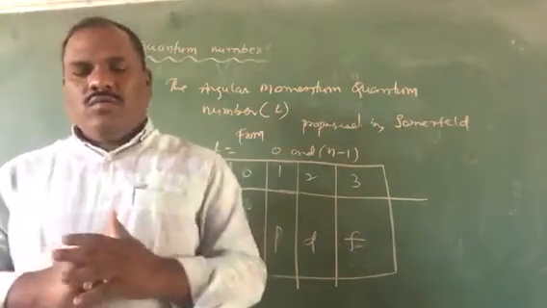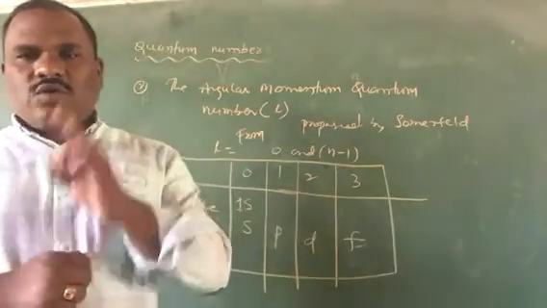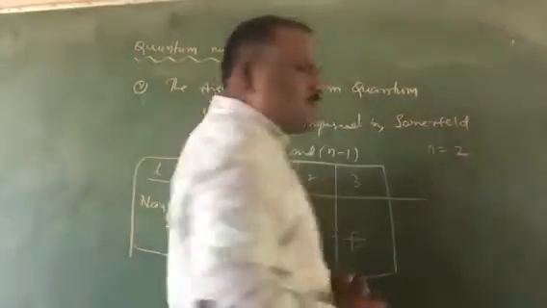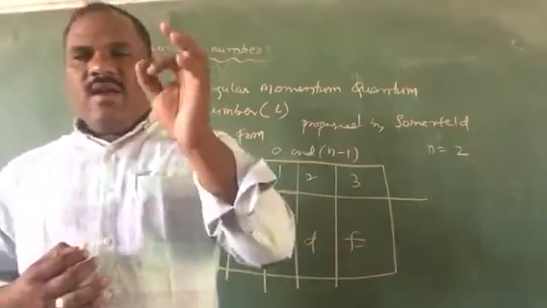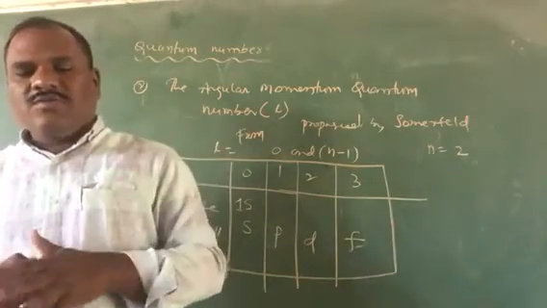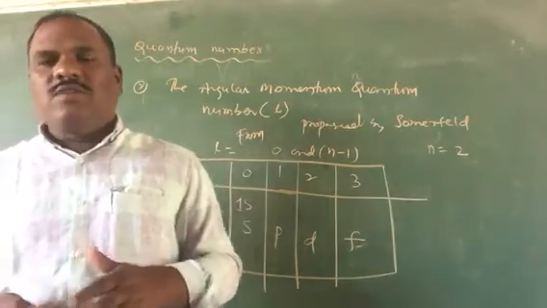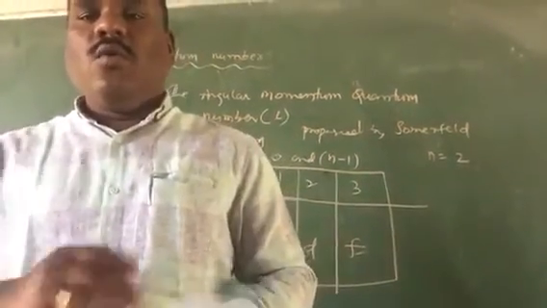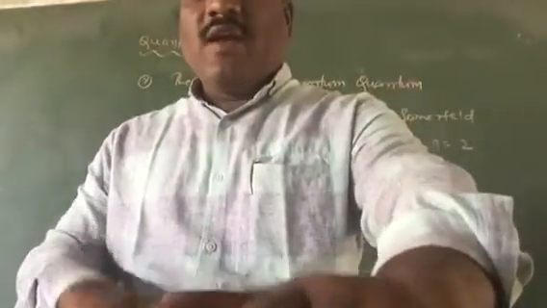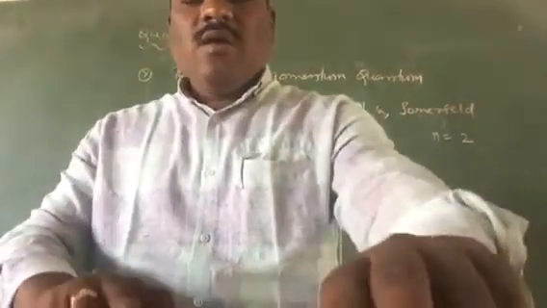When n equals 2, there are two subshells, namely L equal to 0, the 2s subshell, and L equal to 1, the 2p subshell. And what about the subshells when n equals 3 and n equals 4? You can calculate yourself.